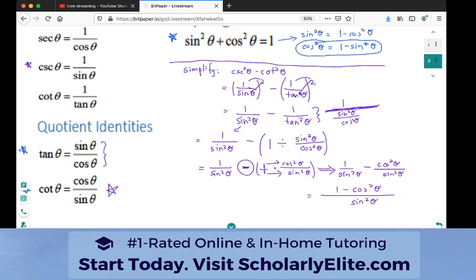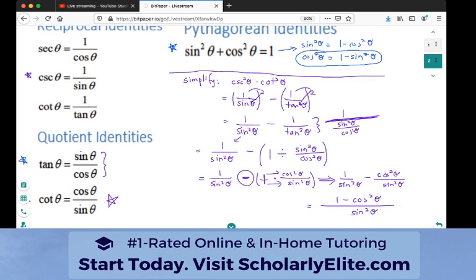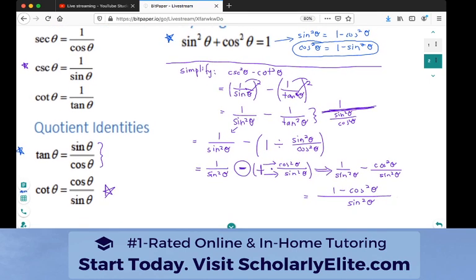And if we recall from our Pythagorean identity over here, we know that 1 minus cos squared of theta is equal to sine squared theta.